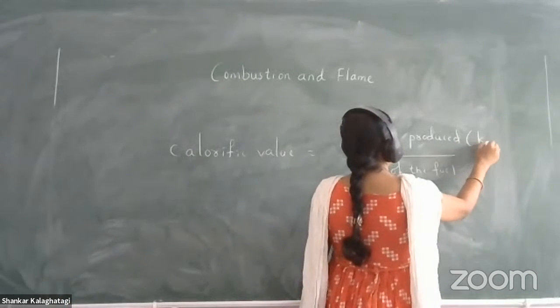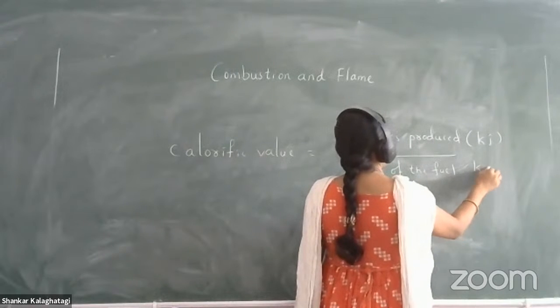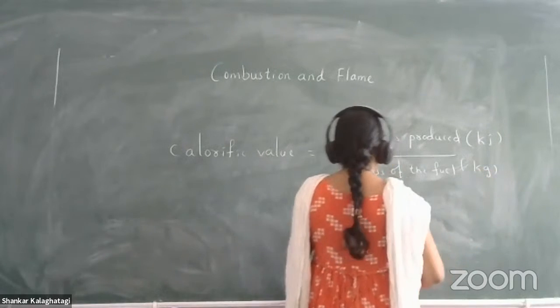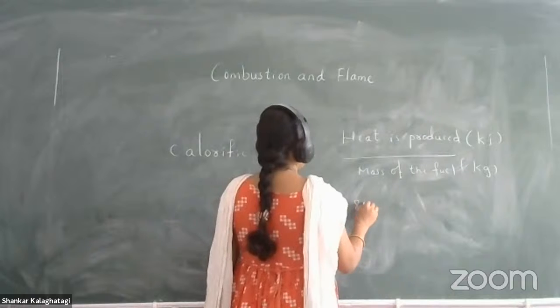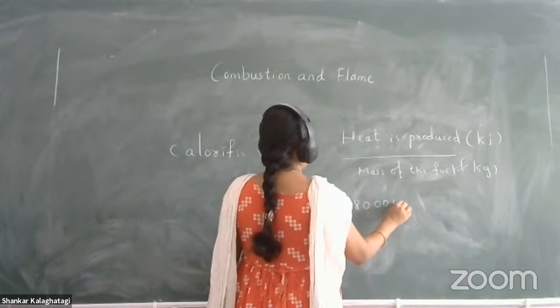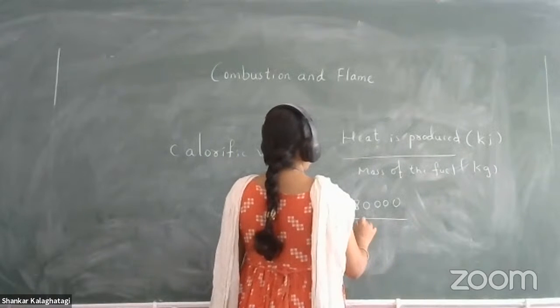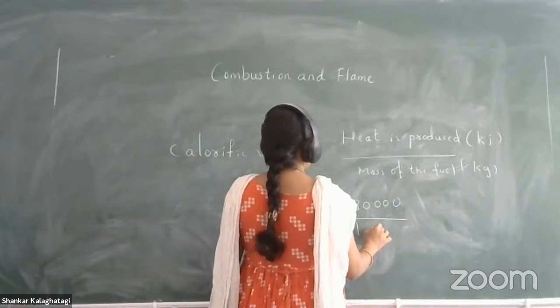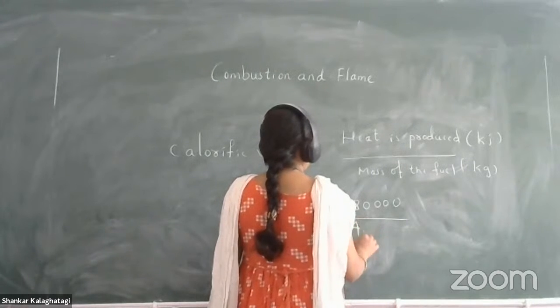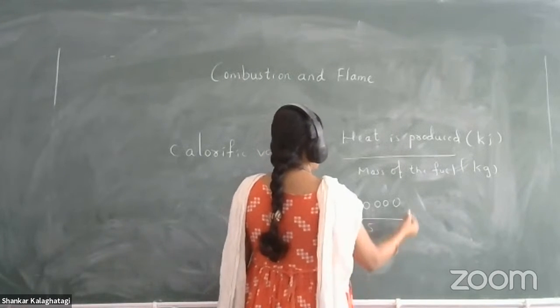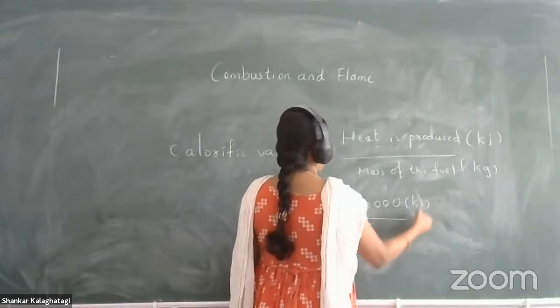It is 180,000 kilojoules, divided by 4.5 kg. It is kilojoule and it is kg.